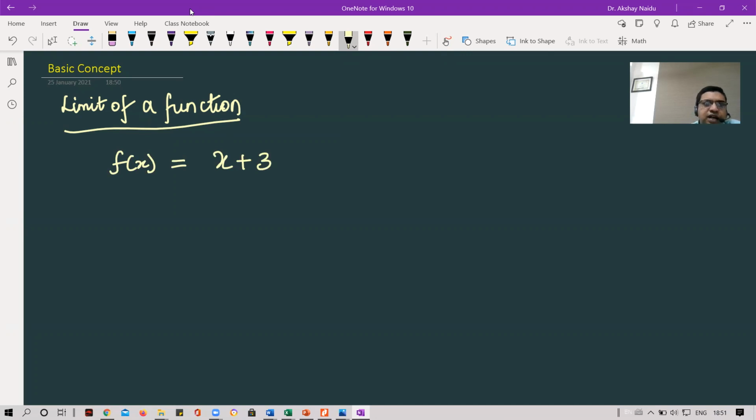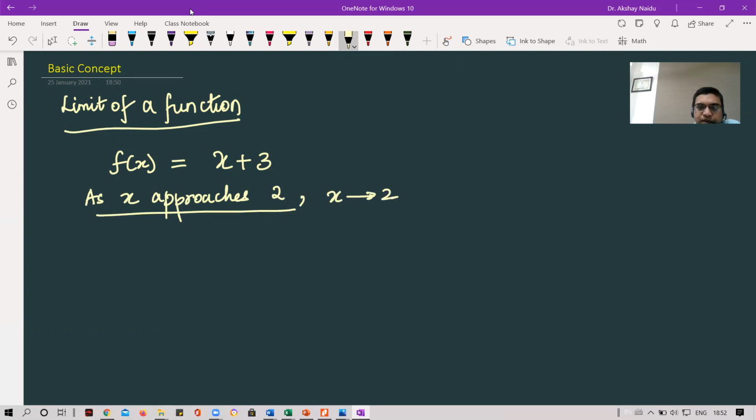Now, as x approaches 2, how will the value of the function get affected? We write this as x tending to 2.